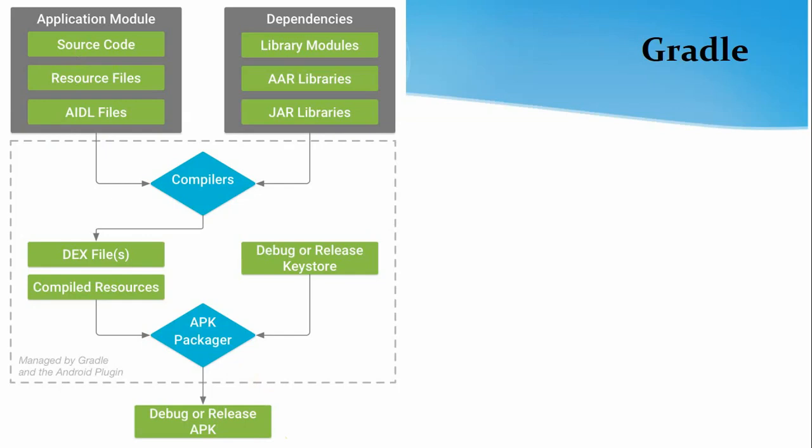Now from source code to that APK, who is going to do it? You see the dotted lines in the middle, managed by Gradle and the Android plugin. Our task will be to write source code, provide the resources, and give the ADL files, and what all these files depend on. That's all we are supposed to give.